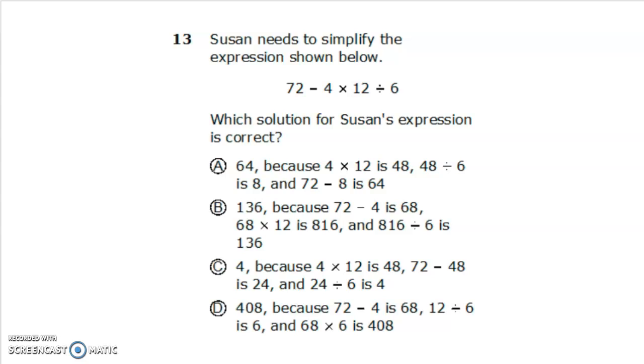C, 4, because 4 times 12 is 48. 72 minus 48 is 24, and 24 divided by 6 is 4. D, 408, because 72 minus 4 is 68. 12 divided by 6 is 6, and 68 times 6 is 408.